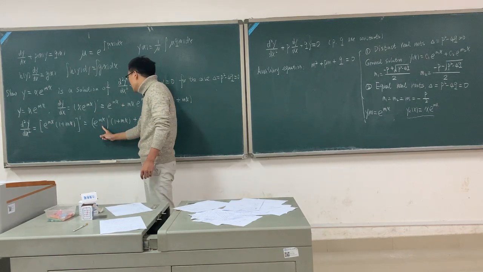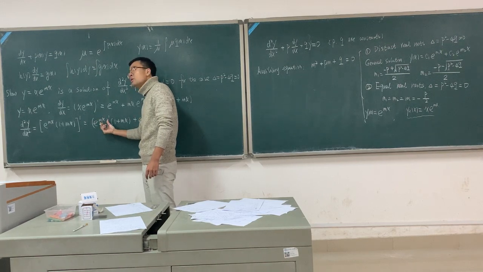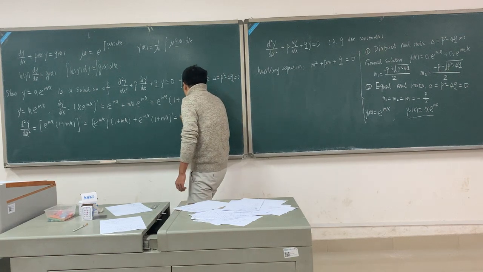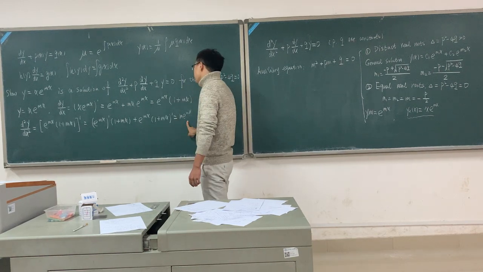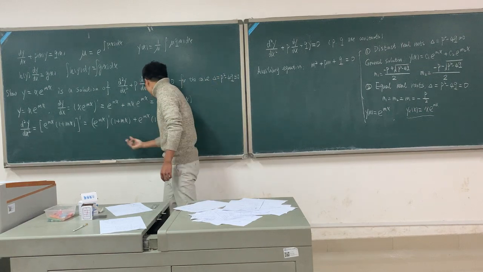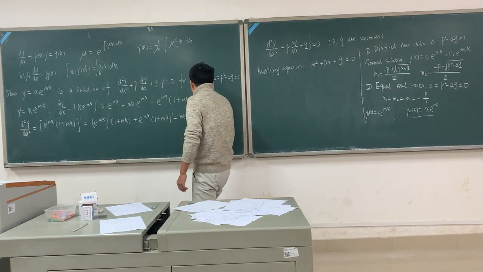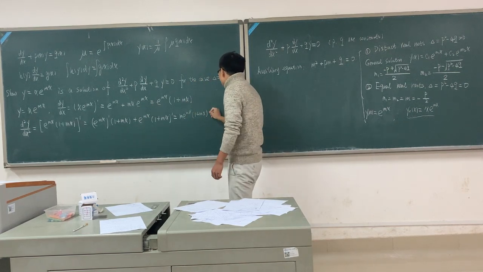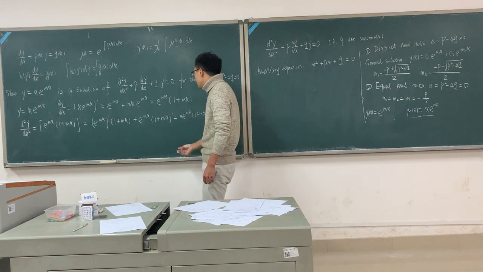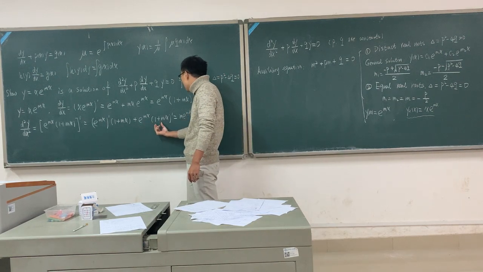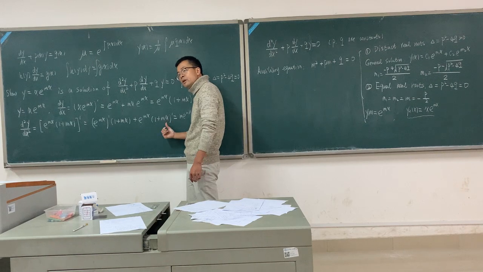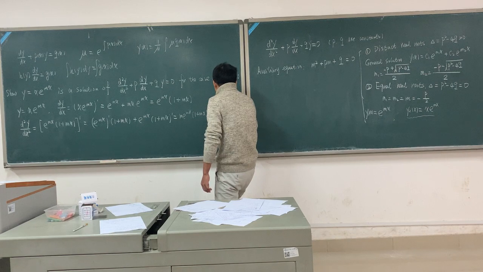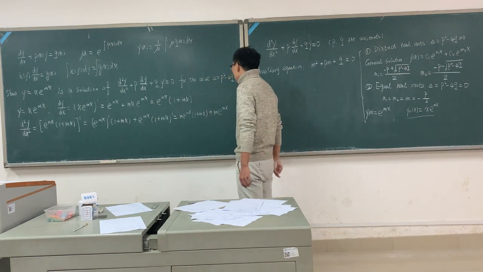Now, in the first part, e^(mx) prime is m e^(mx), times (1 plus mx). The second part is plus e^(mx) times the derivative of (1 plus mx), which is m. So plus m e^(mx).